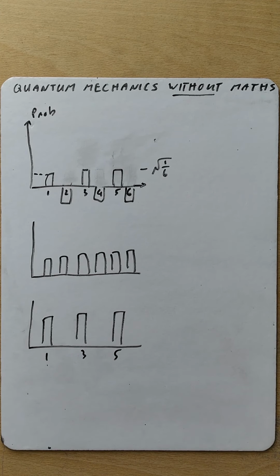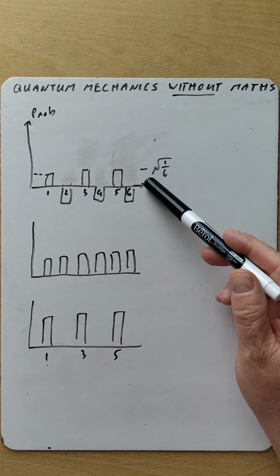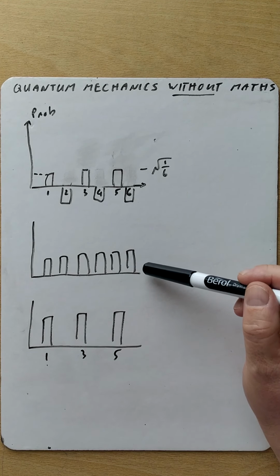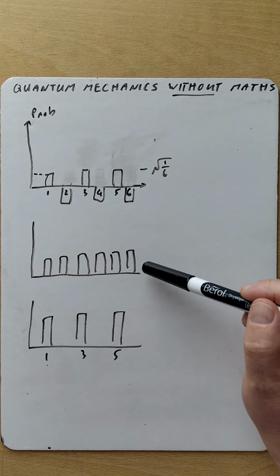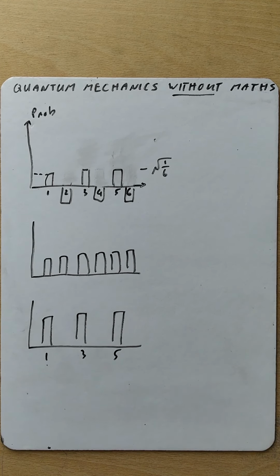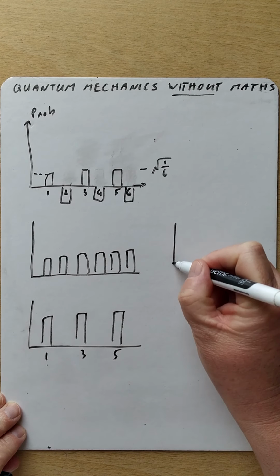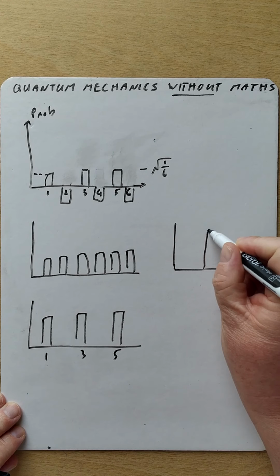The idea of an operator is that it can take one wave function and transform it into another wave function. So it might transform it from this state into this state, or from this state into this state. And there's a special class of operator that acts on one of the measurement states.